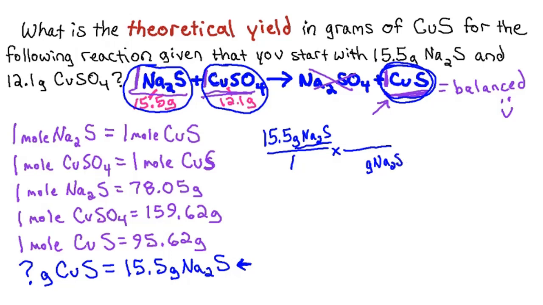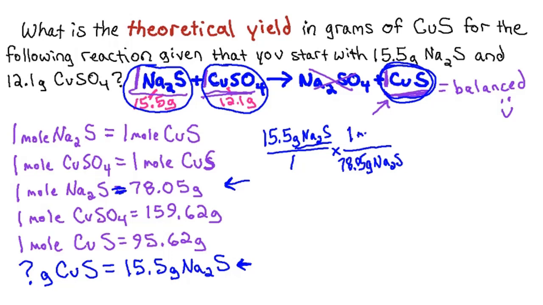And we look and see in our data table where is listed grams of Na2S. And that would be right here, the 78.05 grams of Na2S. So 78.05 grams of Na2S, and then whatever's on the other side of the equal sign goes on the top of the fraction.